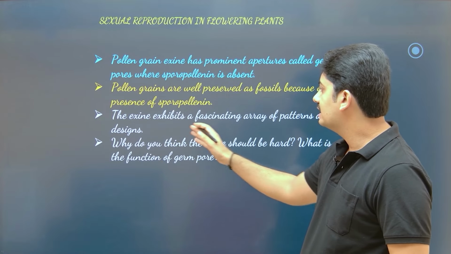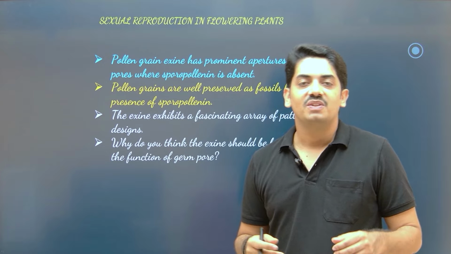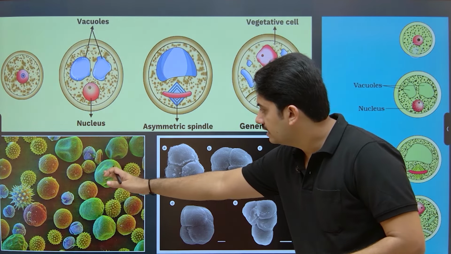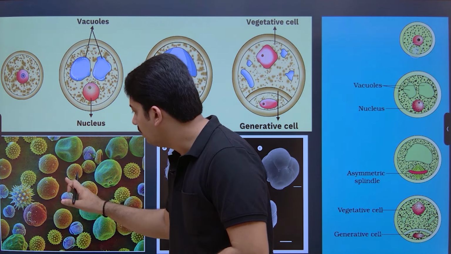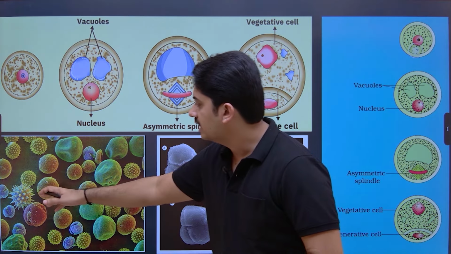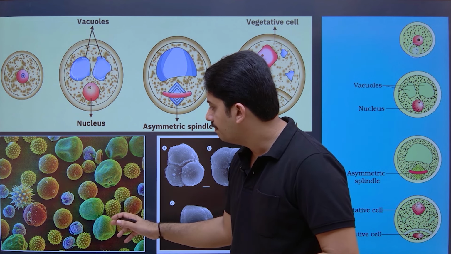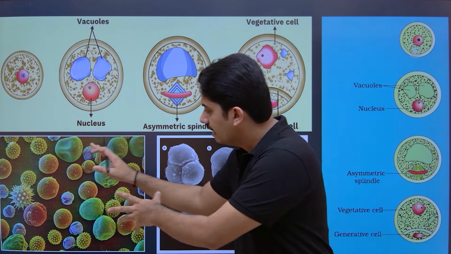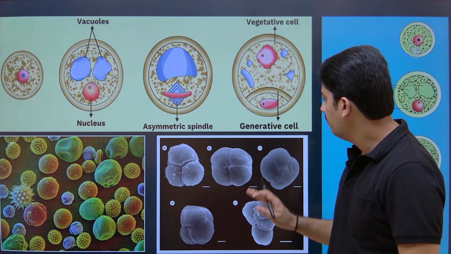The exine exhibits a fascinating array of patterns and designs. If you observe the slides, here you can see a fascinating array, meaning arrangement, of exines. Some of them are spiny, some of them are spiral, some of them have oval shape, some of them have depressions. So there are so many types of pollen grains present. That is mainly due to the presence of exine.